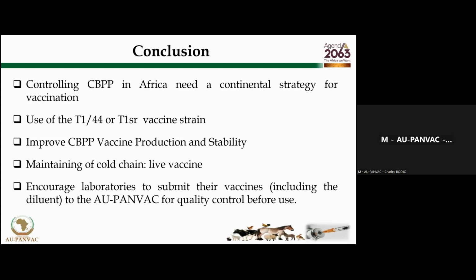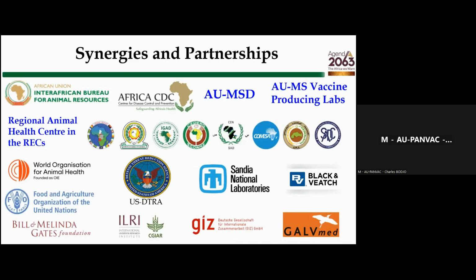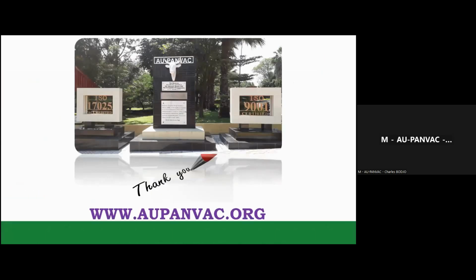We also have to see how we can continue to improve the production and the stability of this vaccine, as it was indicated. This is a live attenuated strain, and we should also encourage laboratories to submit the vaccine to PANVAC for quality control before use in the field. So this is quickly what we, in terms of challenges related to the use of CBPP vaccine, want to share with you. So the chair.